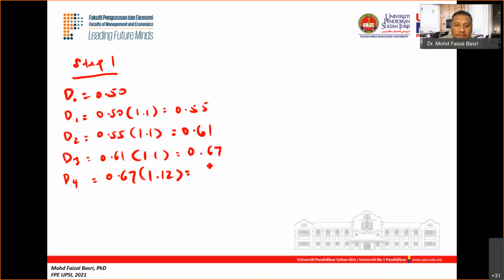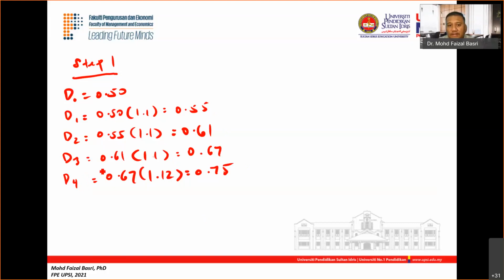So here it's 75 cents. Okay, so this is our first step to find dividends until the year of the final G change, which in this case is year number 4.